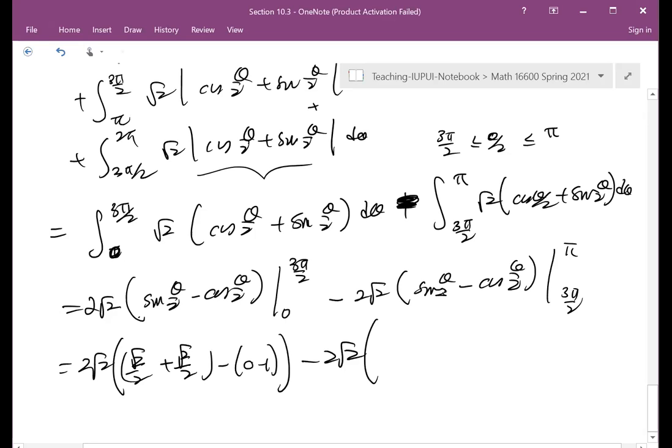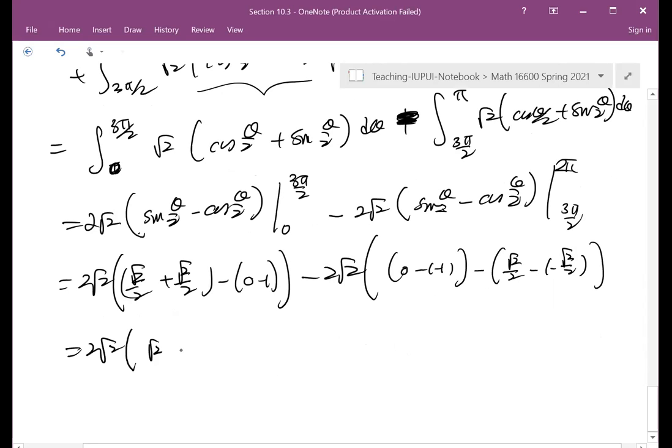And here, if I put 2 pi there, that is going to be 0, right? Sine pi is 0. Cosine pi is negative 1. Okay, minus 3 pi over 4, it's positive, minus negative square root of 2. Okay, so let's simplify.